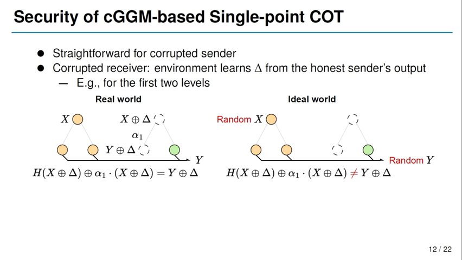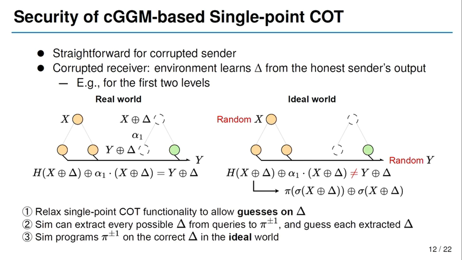However, in the ideal world, this consistency does not hold with overwhelming probability due to the random transcript simulated by the simulator. However, we notice that the hash function is constructed from the random permutation, so the environment has to query the random permutation or its inverse to detect this inconsistency.